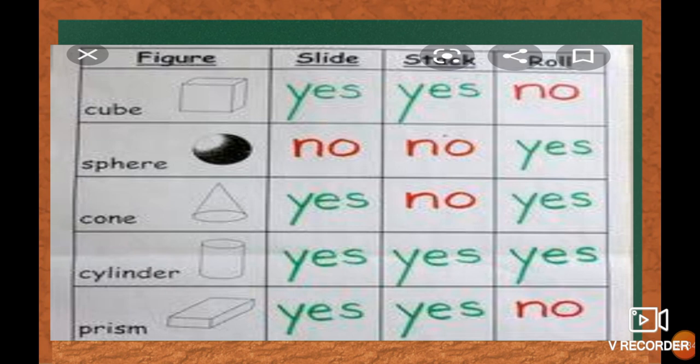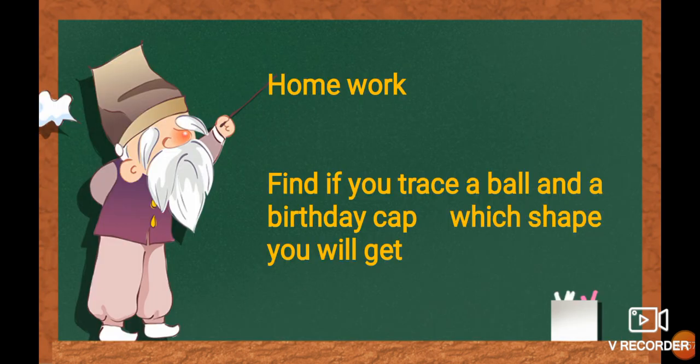Stack means to keep one object on another, right? Cylinder also has a flat surface as well as a curved surface, so it can slide, it can stack, and it can roll. Prism, cuboid, yes, it can slide, it can stack, but it can't roll because it doesn't have a curved surface. Now let us move to the next slide.